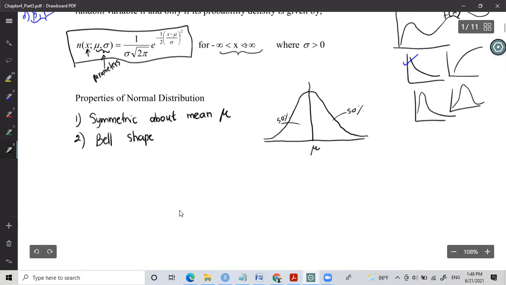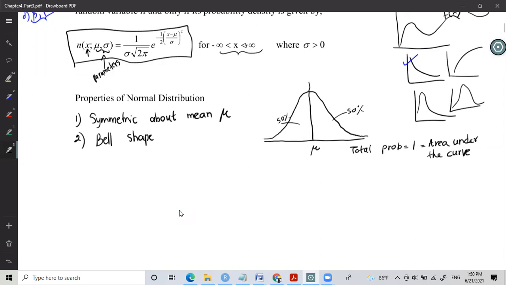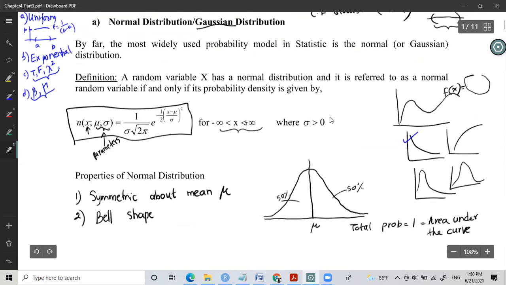Now what is the total probability? The total probability one will be the area under the curve. Okay, so the total probability is 1. That will be the area under the curve. So in the discrete case, you calculated probabilities using a certain equation or the table. Similar to that, for the normal distributions, when you have to find probabilities, usually they will look like a function like this. So if you want to find a certain probability, that probability will be the area under the curve.